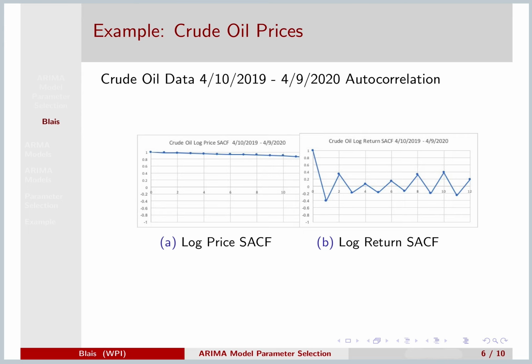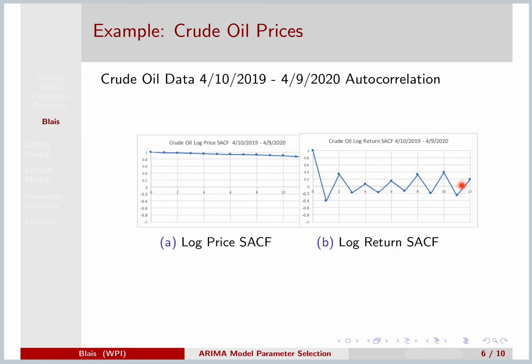Then when we look at the sample autocorrelation function for the log return, we see it decays to 0 fairly quickly. So by lag 3, we're below a correlation that's in absolute value smaller than 20%. By lag 4, we're close to 0.